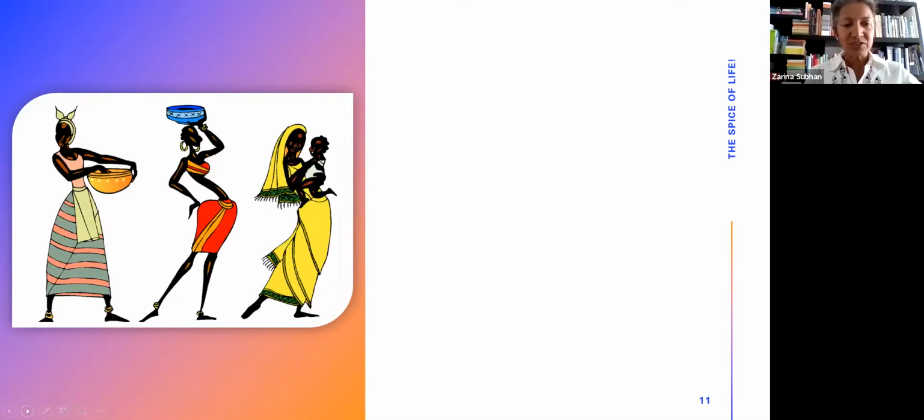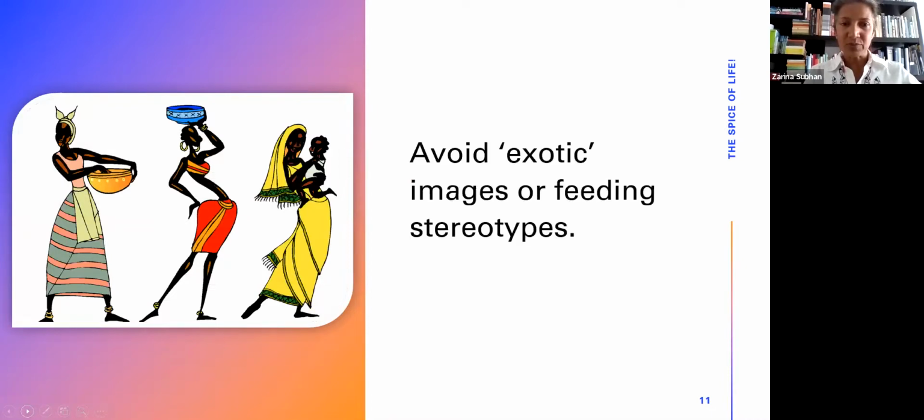Now, the images that we do use, it's important to avoid the idea of exotic images. So we're not feeding the idea of stereotypes that may already exist in the world. So we need to be aware of that.